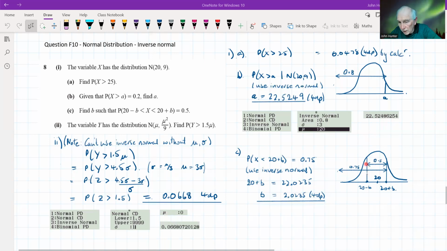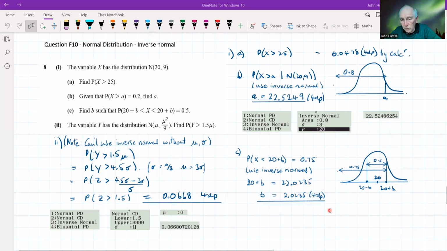If we add this tail to the bit in the middle, then the area up to 20 plus b is going to be 0.75. So then we can go back to our calculator. We want the probability that x is less than 20 plus b being 0.75, and that's going to give us a value of 20 plus b.